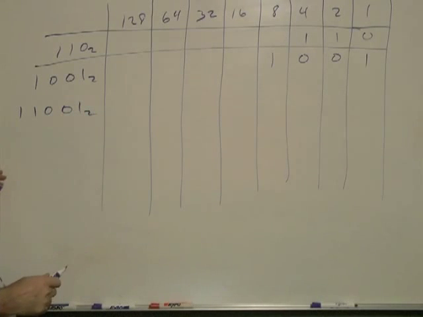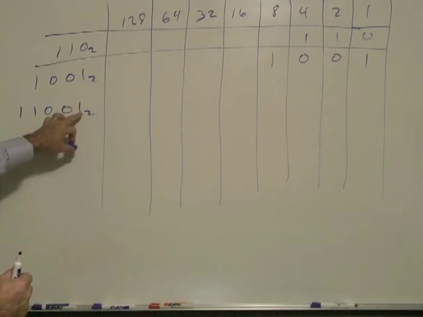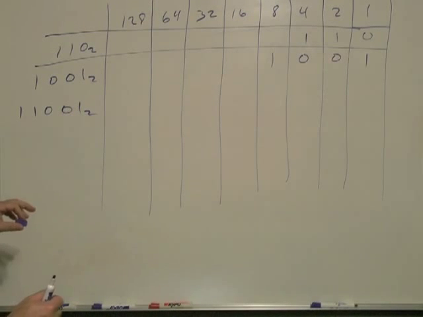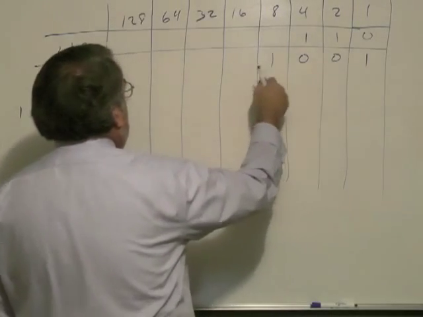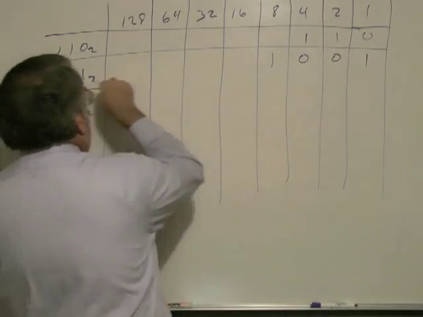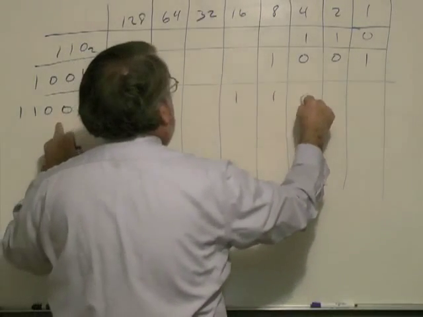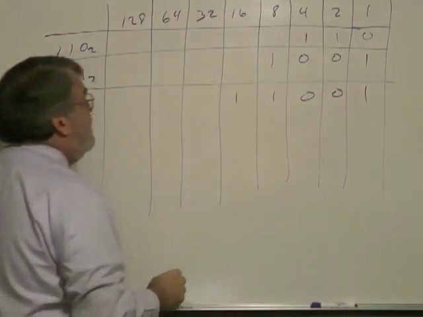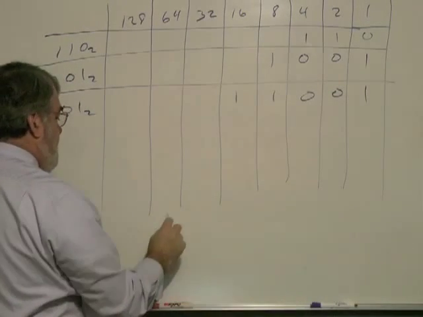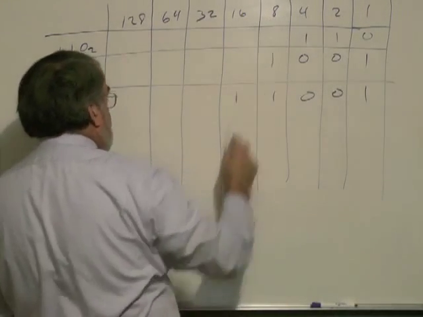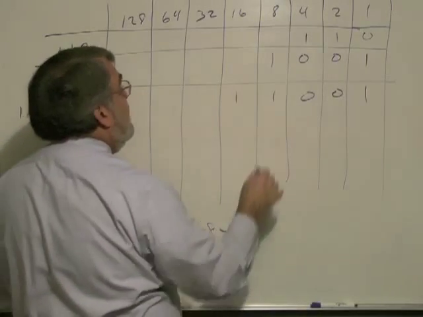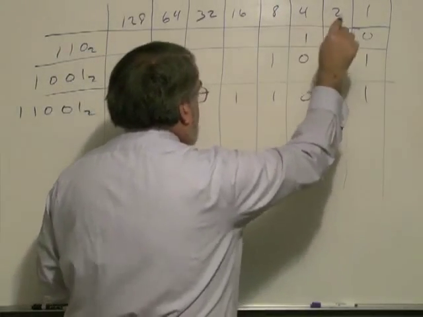11001 base 2. Okay, so basically I have a five-digit number. So I start over here, and we've got 11001. So I have 16 plus 8 plus 0 and 0, and then plus 1.